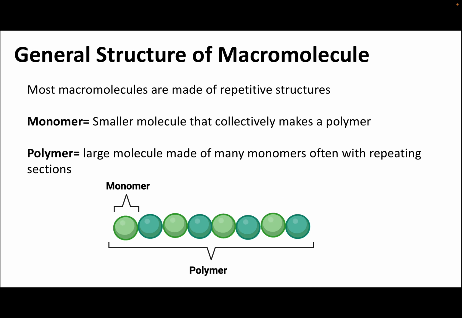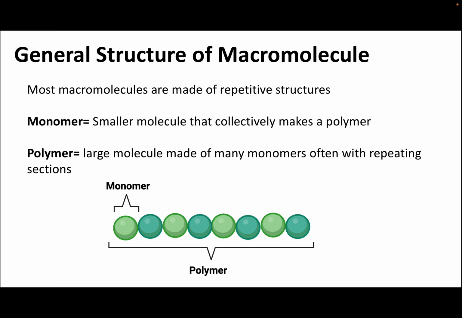We're going to see that the macromolecules definitely differ in structure, but a lot of the different categories of macromolecules tend to have a repetitious structure to them, where the overall larger structure is comprised of putting together similar units that are smaller. We have terms for these smaller units as well as the larger overall structure.